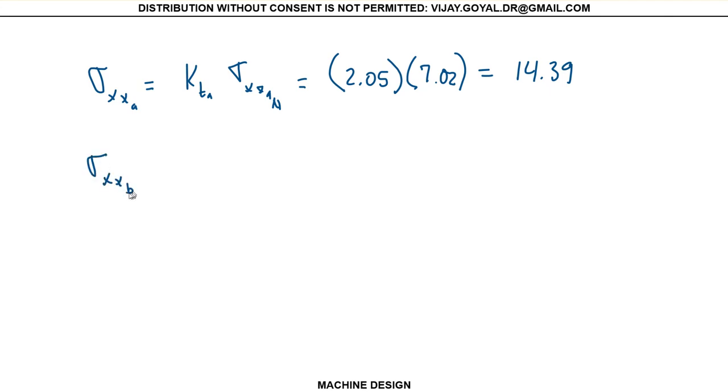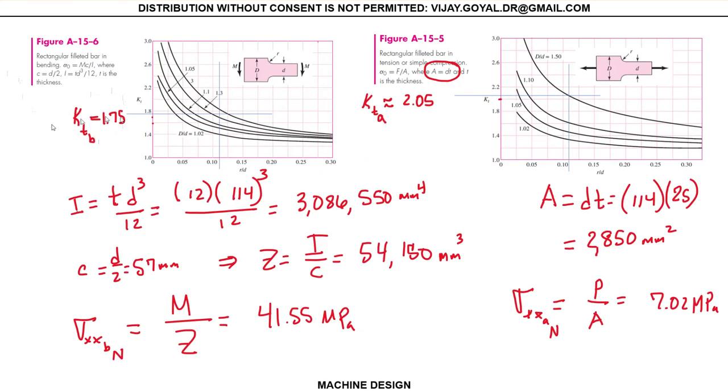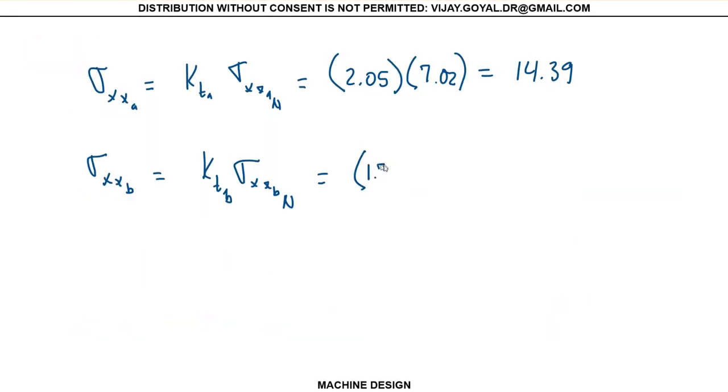Sigma xx bending will be Kt bending multiplied by the bending nominal, and that will give you 1.75 multiplied by 41.55. That's going to give you 72.71. This is all megapascals.